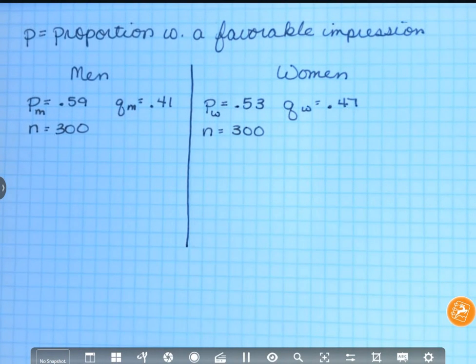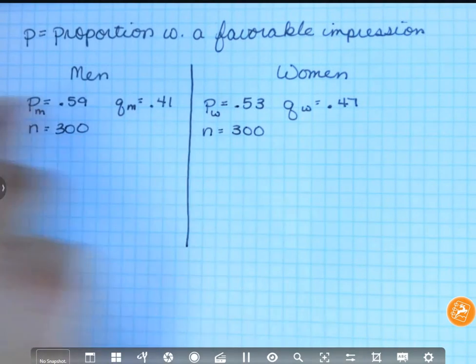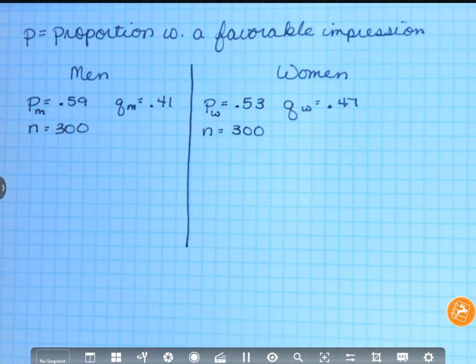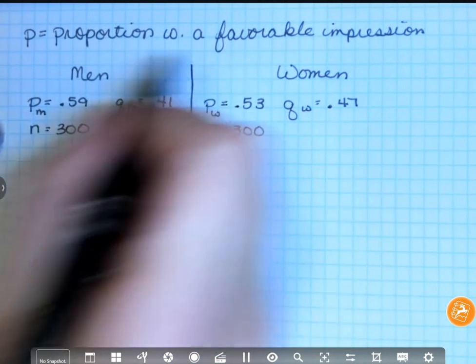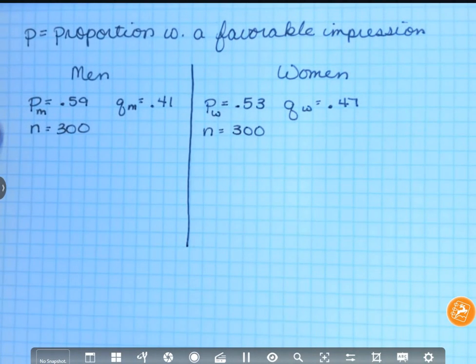Okay, is that pretty clear as to what I've got? Everyone fine with that? So I have my bits and pieces. I have my proportion identified. I can check my assumptions and conditions. Tell me an assumption I need to check or condition. One more time. Independence. So what about the proportion with a favorable impression? What can I say?